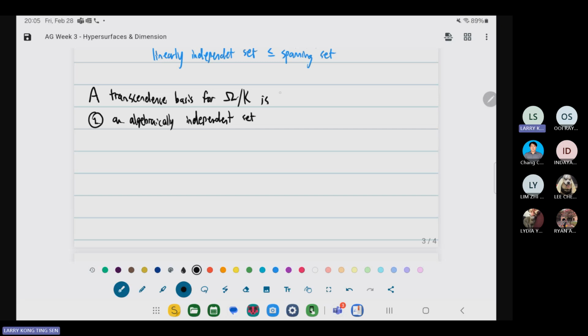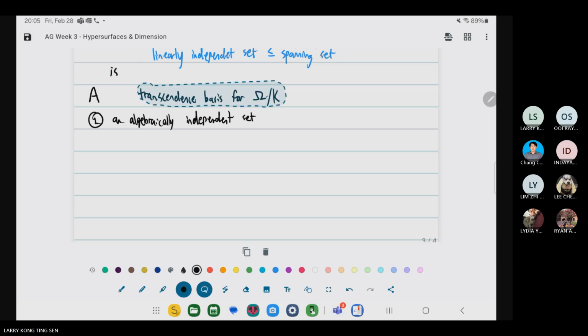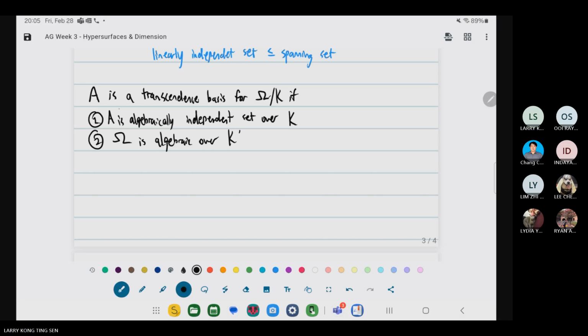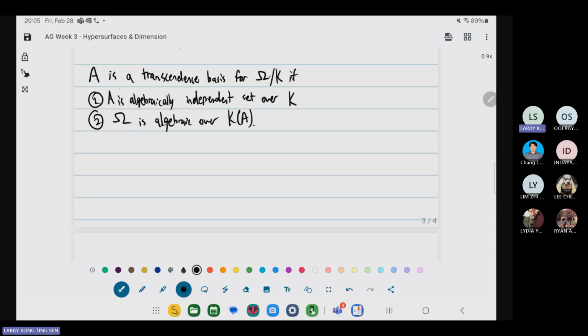It might be better to write this. If A is a transcendence basis, then one, A is algebraically independent over K, and two, omega is algebraic over KA. So like the idea of basis in linear algebra, we also have a similar analog, which is just these two conditions combined.